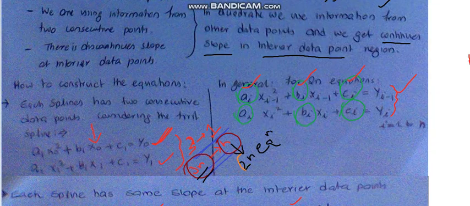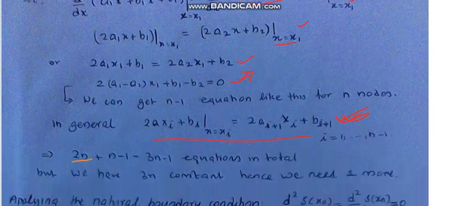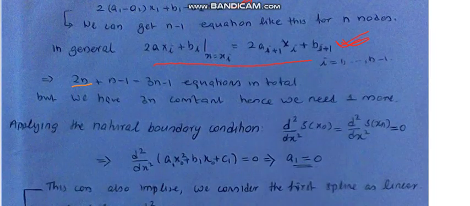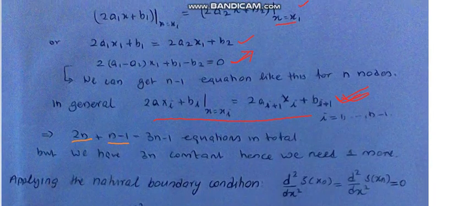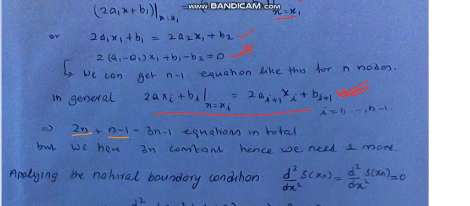We'll be having 3n equations here, because in each spline we have 2 equations. If you are having n splines, then you will be having 2n equations, and after that we are having n minus 1 equations. That is, in this case, for example, we are having n number of points, let's say.